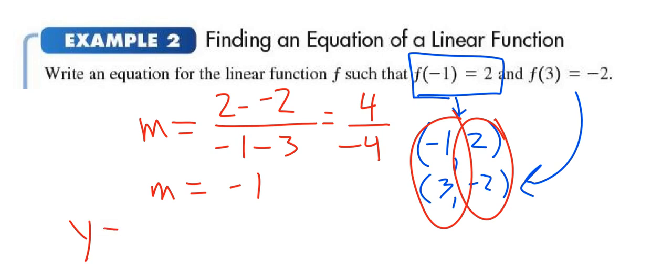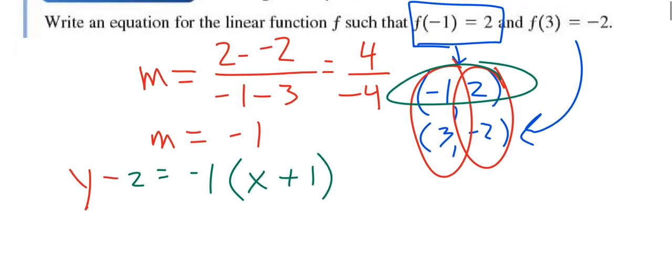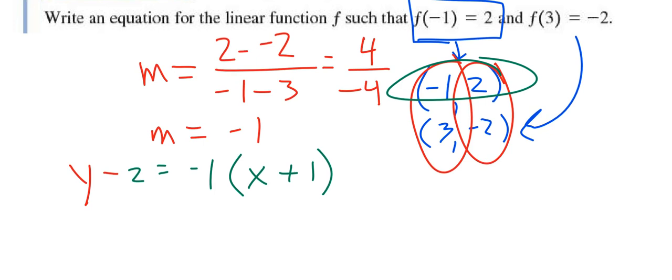So, pick your favorite point. Which point would you like to pick? Ms. Hensley, what do you got? We got to use a point. All right, she picks that one. All right, so y minus 2 equals negative 1 times x plus 1. Okay, get y by itself just for kicks and giggles. A little bit of algebra practice.